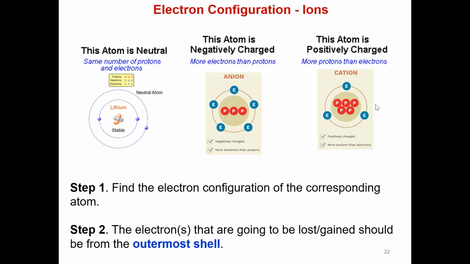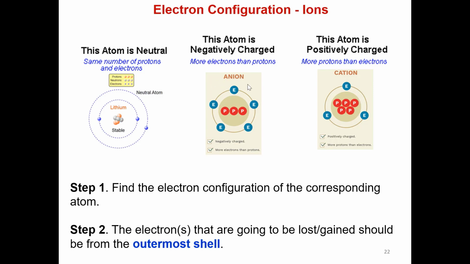Up to now we had discussed the electronic configuration of the neutral atom, like we had in this example. This is a lithium neutral atom, and we had 3 protons and 3 electrons. This is why we say this is a neutral atom, it has the same number of positive and negative charges. An ion is an element that has gained or lost electrons.